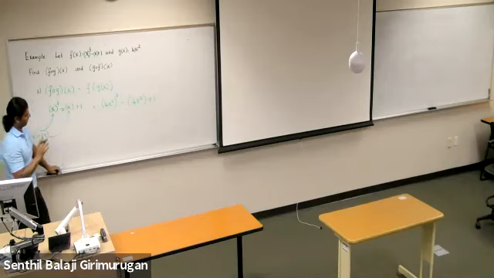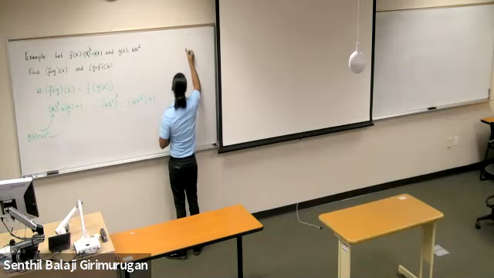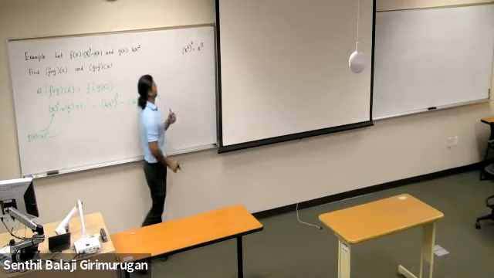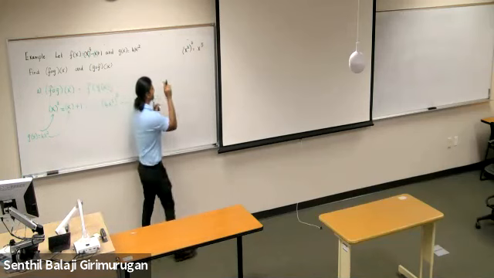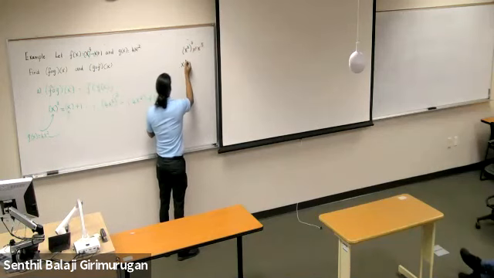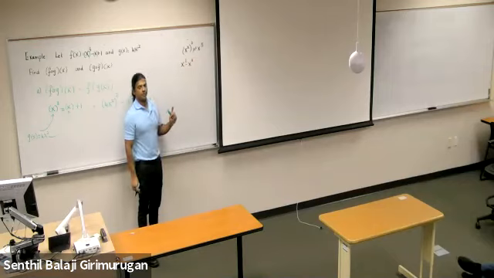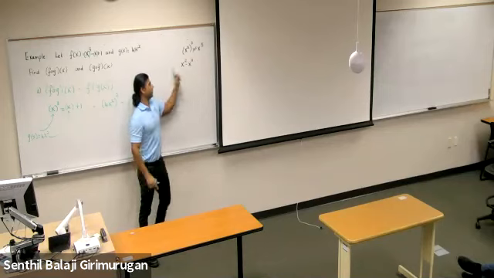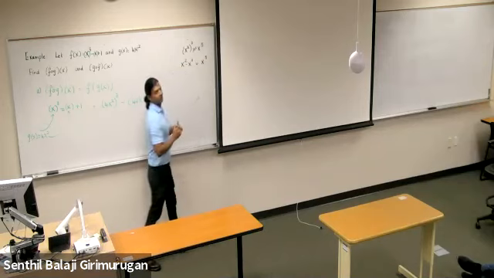But so far, the mistake that I saw is this. That is incorrect. You guys are thinking of this: x squared times x cubed, you add the powers, 2 plus 3, you get 5.